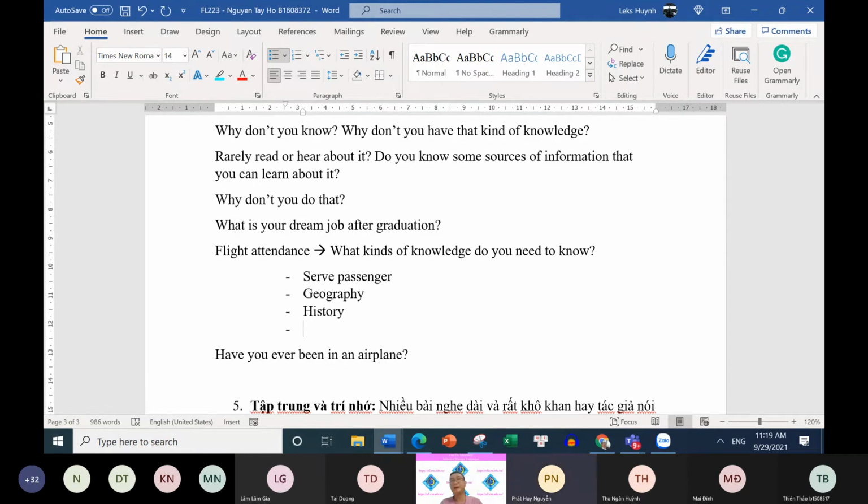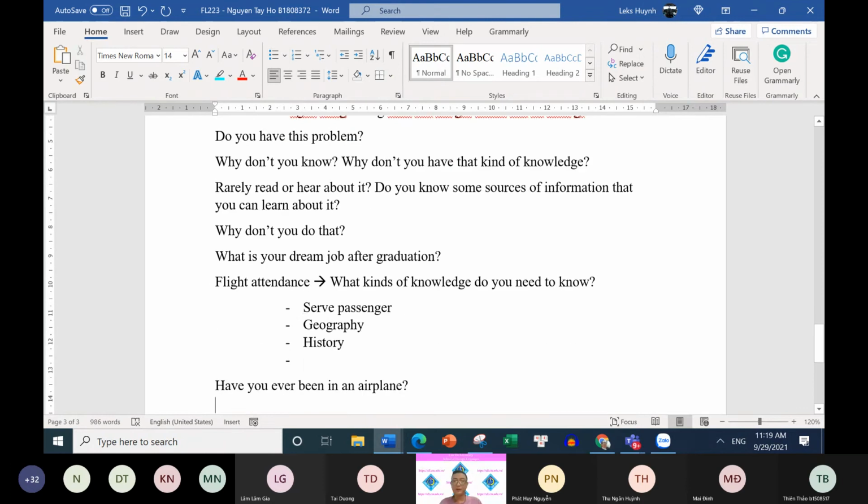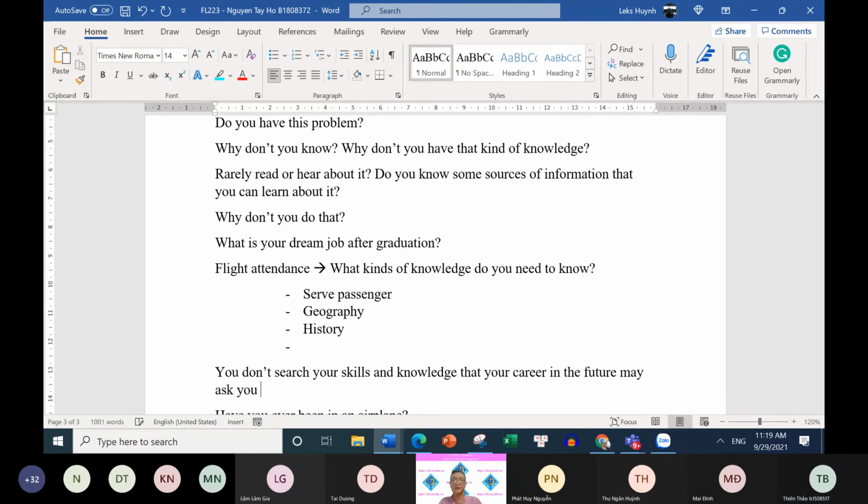That's why you don't study, because you don't know. You don't search for skills and knowledge that your career in the future may ask of you.